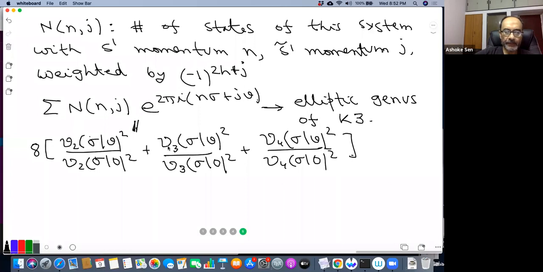So where these are just Jacobi theta functions. Okay, the three classical Jacobi theta functions. The argument is 0 here, and the argument is v here.